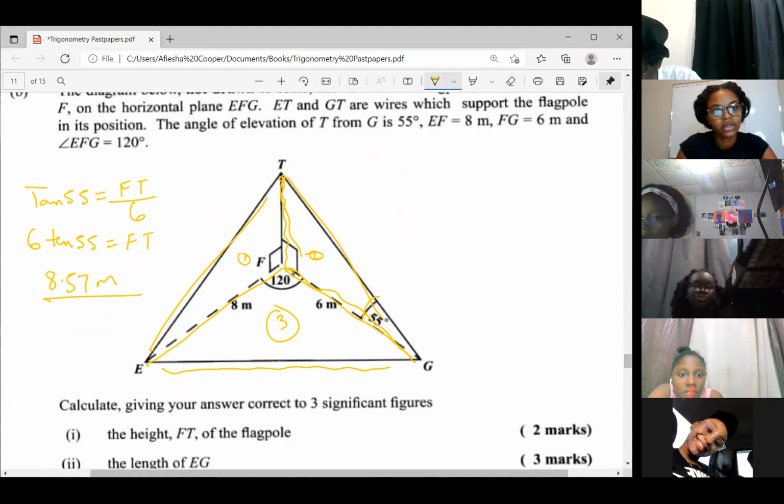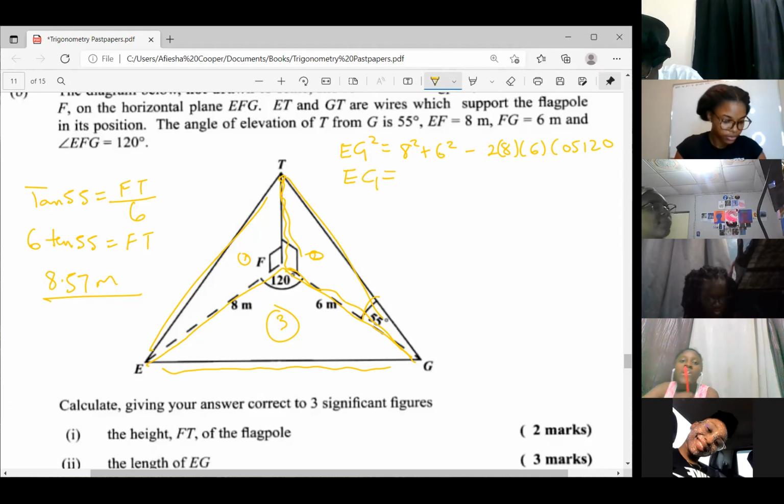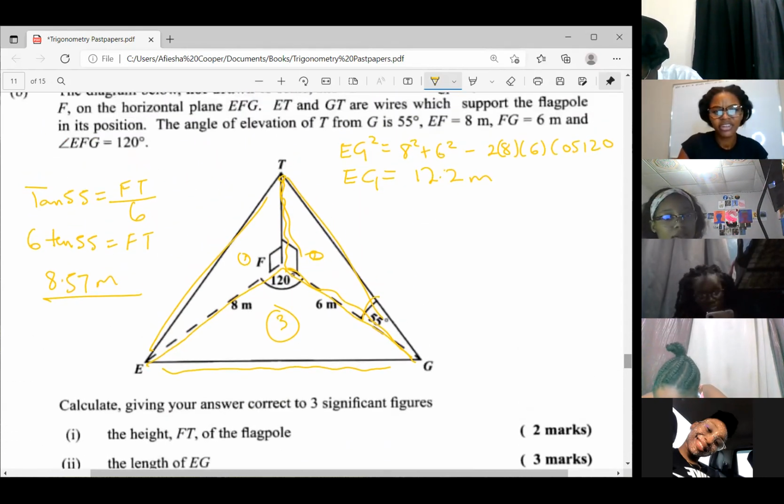The cosine rule. So EG squared is equal to 8 squared plus 6 squared minus 2 by 8 by 6 by cosine 120. EG is equal to how much now? 12.2 meters. Nice.